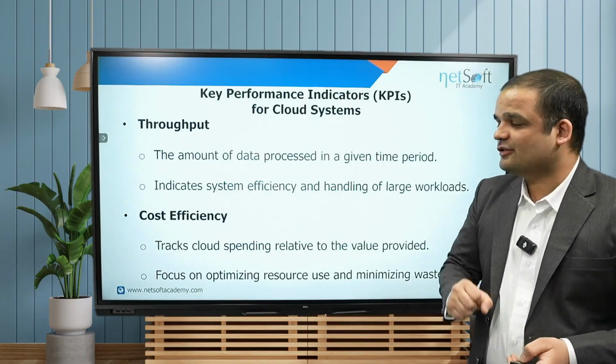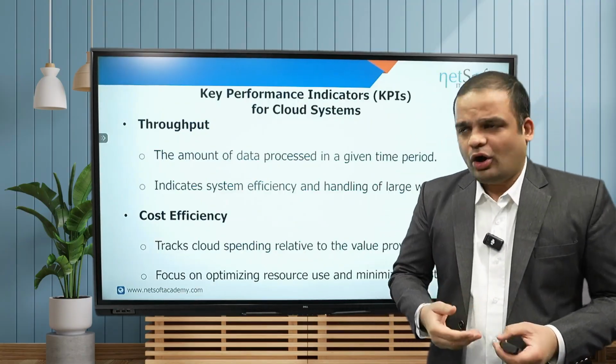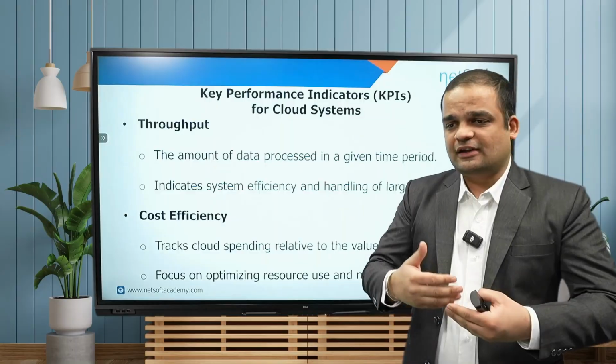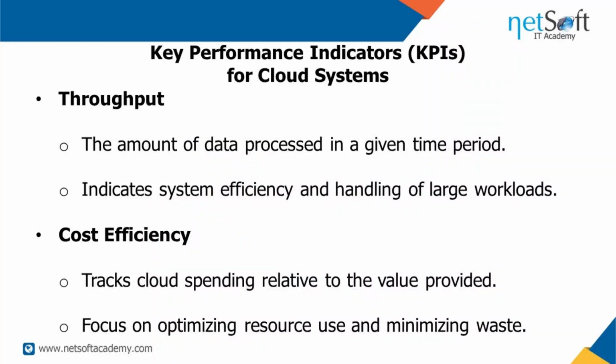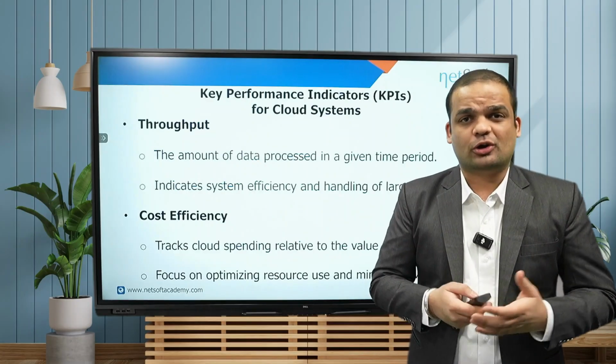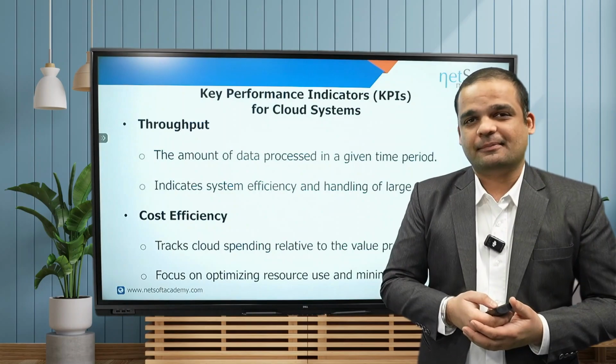Now, the next one is cost efficiency, or you can also say cost effectiveness. Well, here cost efficiency tracks cloud spending in relation to the value provided. Optimizing the use of resources to minimize waste helps organizations control cost while maintaining performance.